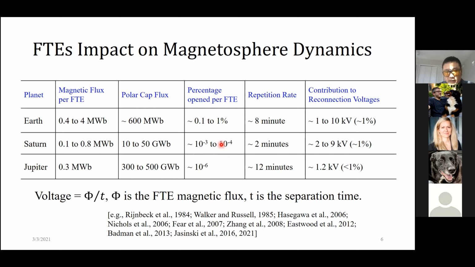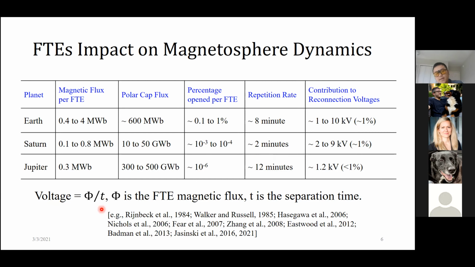And with the repetition, the fifth panel here shows the repetition rates, that is the separation time between neighboring flux transfer events. So they were on the order of minutes, and we can estimate the potential voltage contributed by each FTE to the cross magnetospheric voltage, according to this equation here.